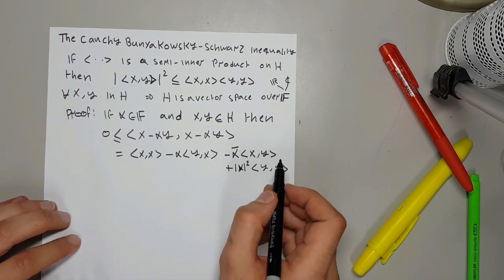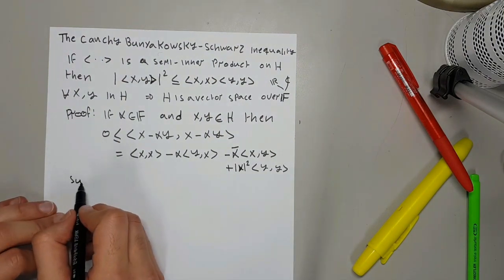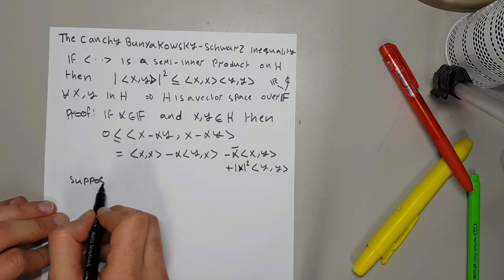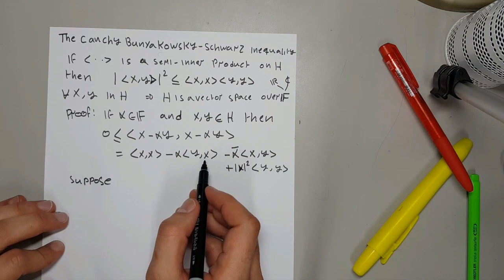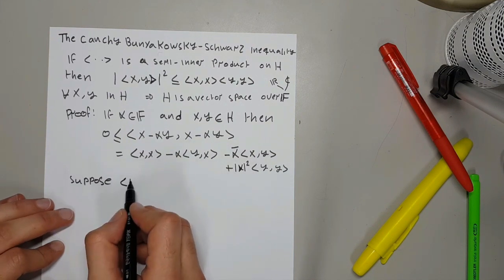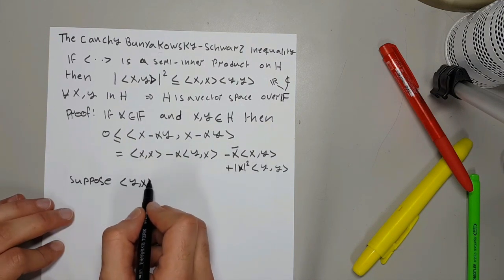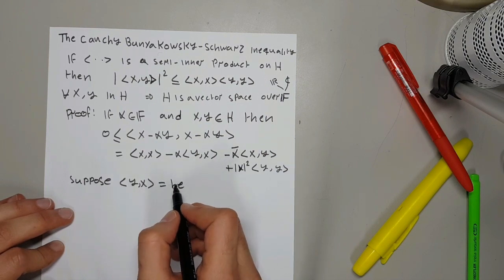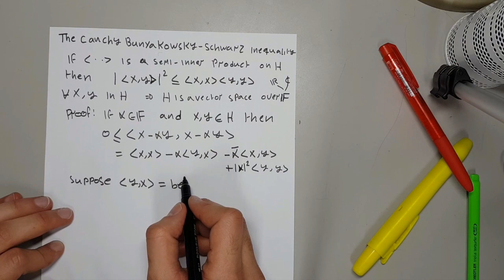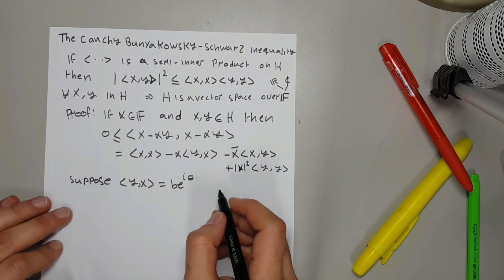Okay, let's suppose that the semi-inner product between y and x is equal to b times e to the power i theta.